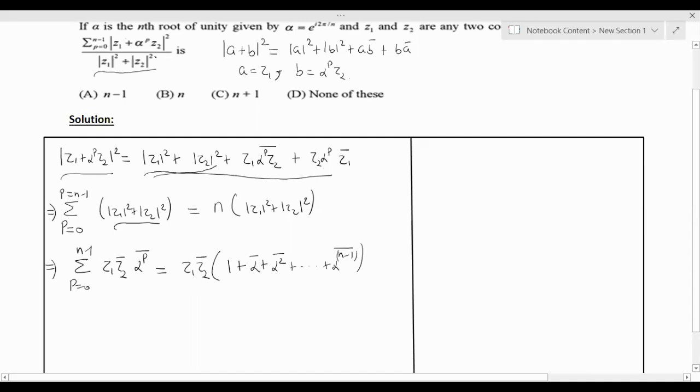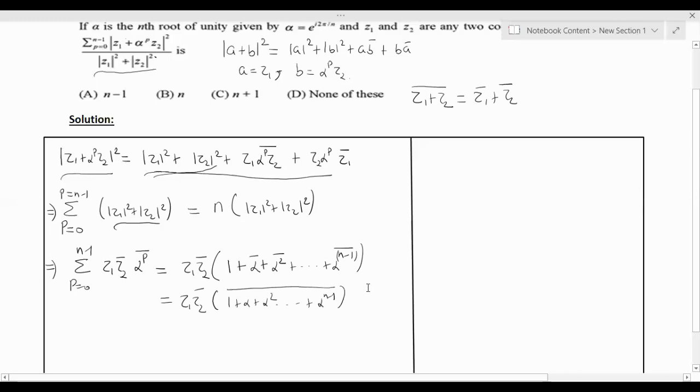So observe this term carefully. I'm going to use one more property you must have studied. I'm writing it on the top: z1 plus z2 whole conjugate, any day you can replace it with z1 conjugate plus z2 conjugate. It is applicable to two complex numbers as well as n complex numbers. So you can rewrite this with the help of this property as 1 plus alpha squared till alpha power n minus 1 whole conjugate.